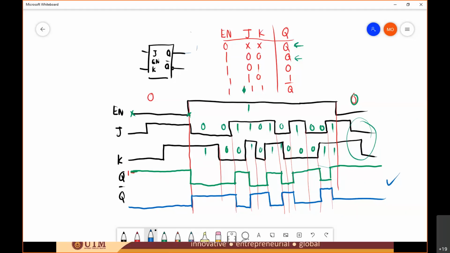So nanti kita akan ada a few examples or the previous punya final exam, previous test untuk kita buat. Tak ada lah dia bagi satu gated JK ni find out what is the output of Q. Tak macam tu. Dia akan tambah a few gates, bagi payah sikit lah.